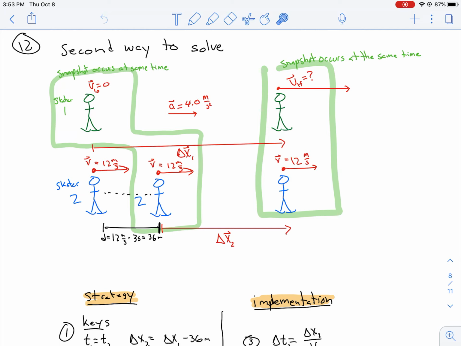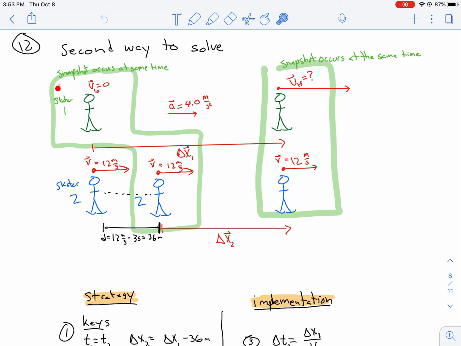The second way to think about this is by making the times that they move equivalent. In our first way of thinking about it, we had them moving the same distance. But in this case, we're going to have them move through the same amount of time. The trick is that when this guy begins to skate, in other words, when he starts to accelerate, this guy right here, skater number 2, will have already moved past the point.